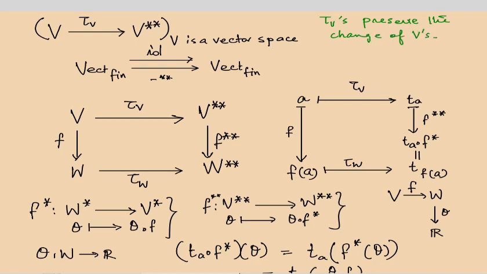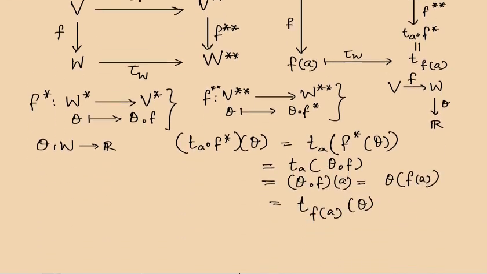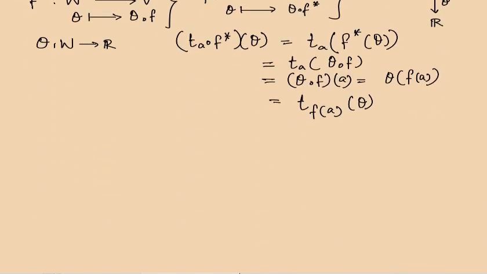That means what I am saying is that tau V is a natural transformation from V to V double star. So going from V to V double star, we are doing it naturally. But here is a much stronger statement.